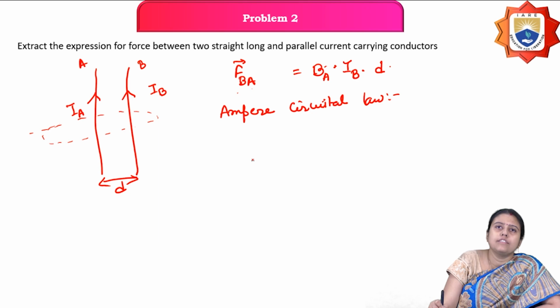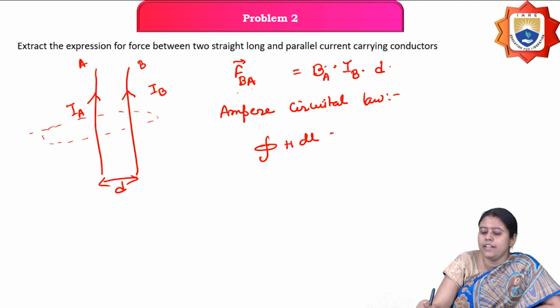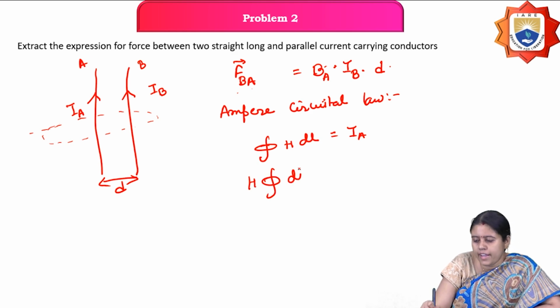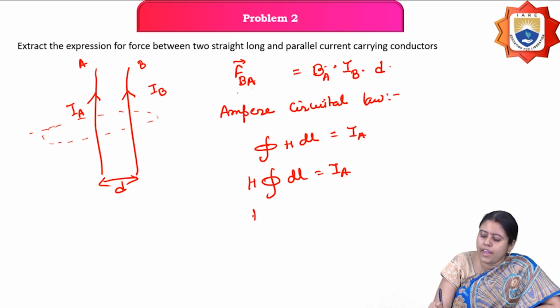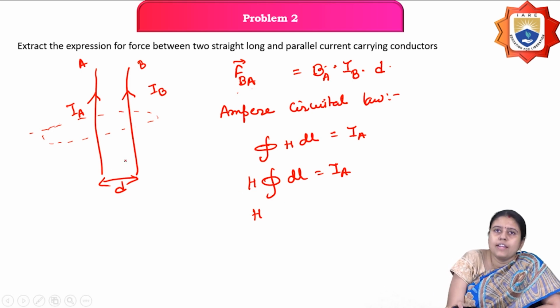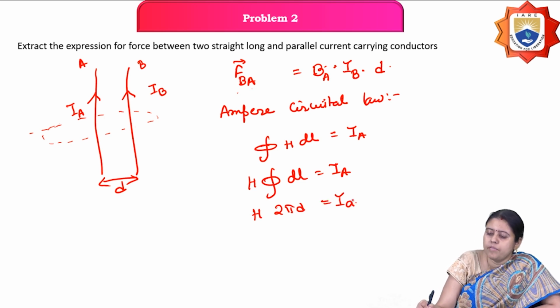For Ampere circuital law, we know the integration of H dl is equal to IA. In a circular path, the integral of dl is nothing but 2 pi R, but here R is equal to d, so 2 pi d.